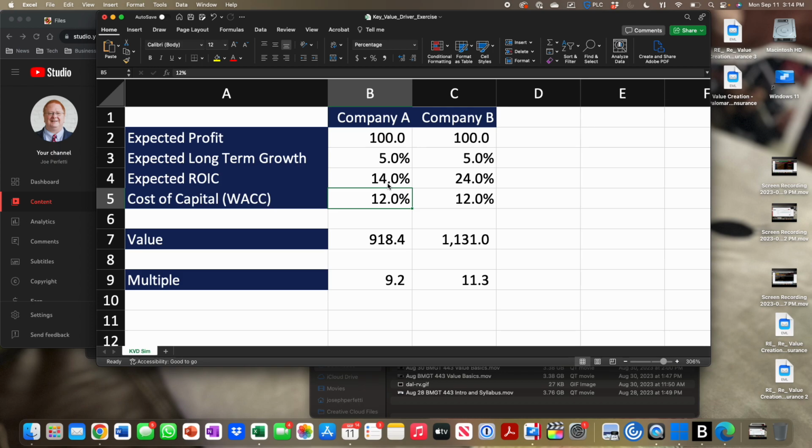And then what is the overall level of risk that's being associated? Changing that cost of capital also affects the value. Understand those 6 things, and you'll have a pretty good idea of why things are happening, because we're going to get lost in the detail of this stuff later, but at a high level, these are the key value drivers. That's what all this is based upon.